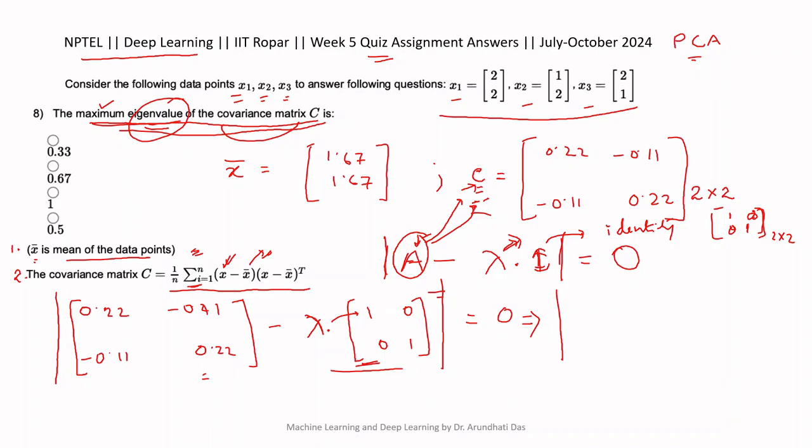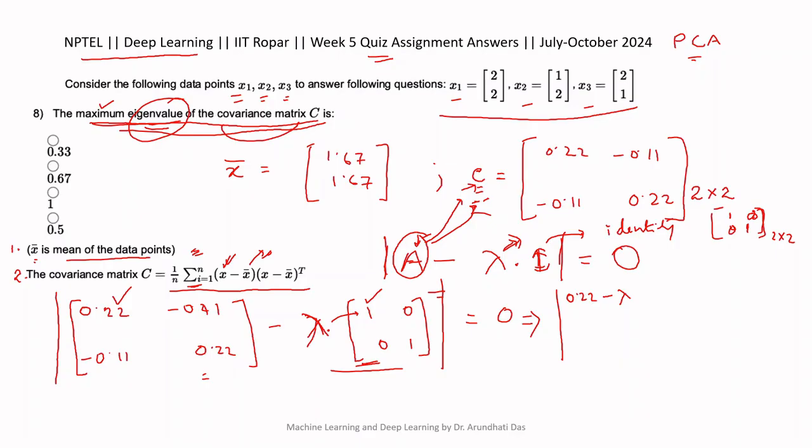So the covariance value, that is 0.22, minus lambda. Why? Because the first covariance matrix element will be subtracted by the first element of my identity matrix multiplied by this coefficient lambda.